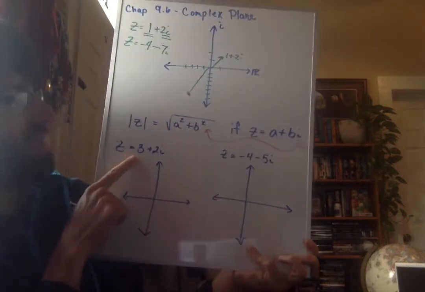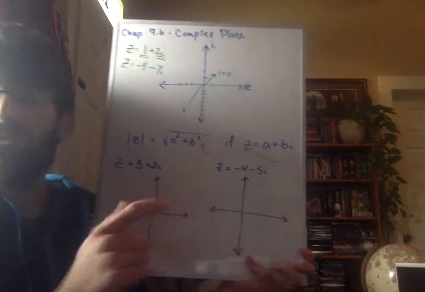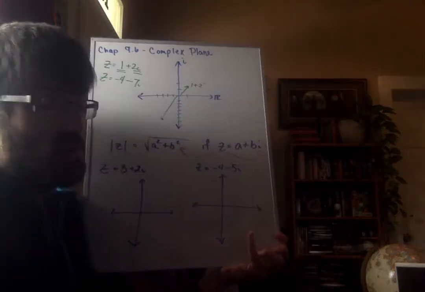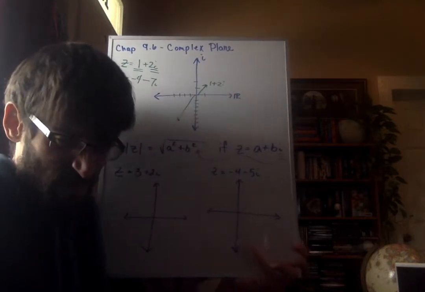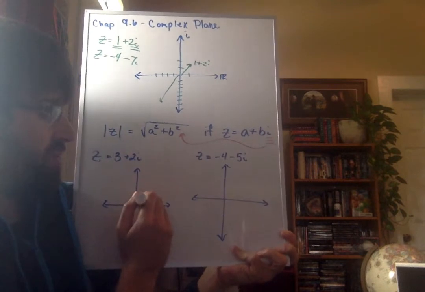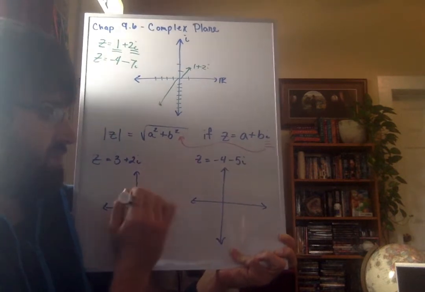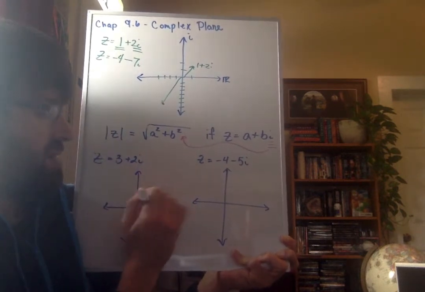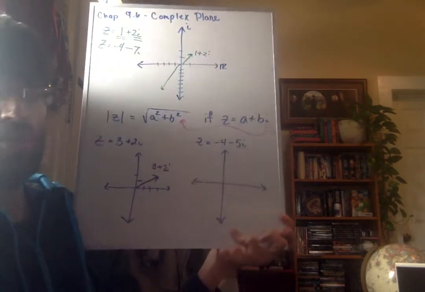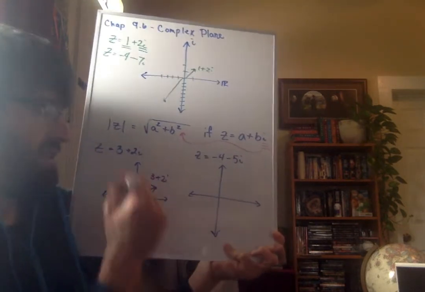So for instance, if I had 3 plus 2i, the first thing I'm going to do is graph it out. So I'm going to go over 3, up 2. So this is 3 plus 2i. And then I'm going to use the Pythagorean Theorem to find the distance.